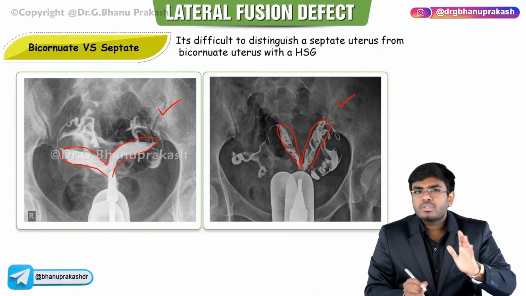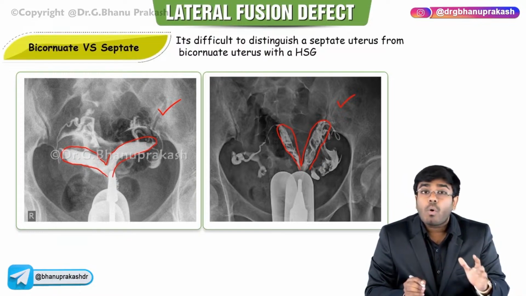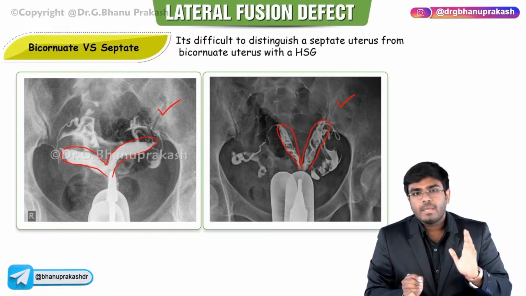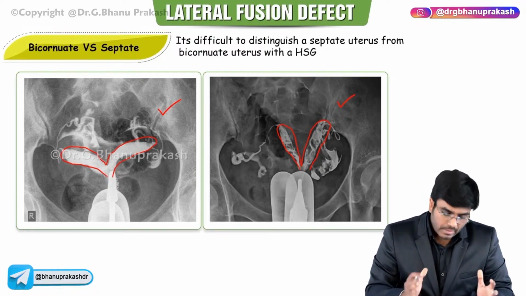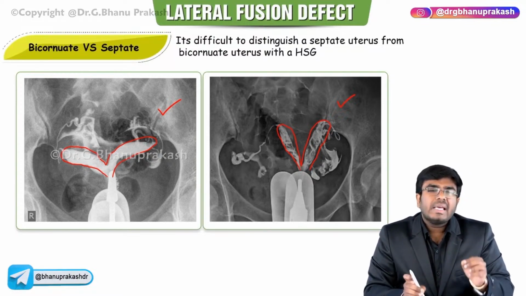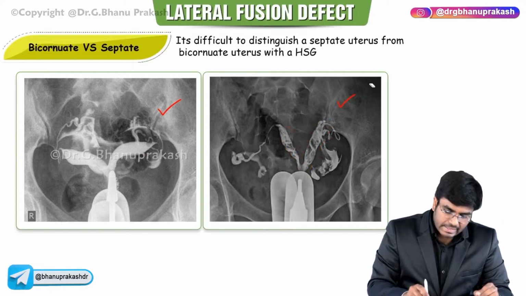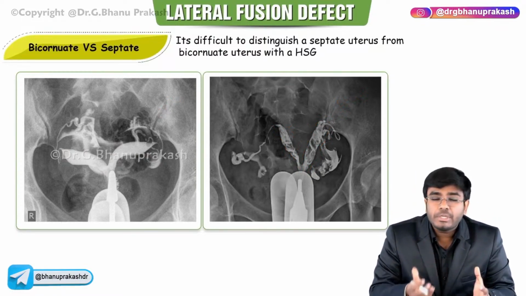But let me ask you one question. Are you able to see the fundus of the uterus? No. What you can see is the uterine cavities only, so you are not able to differentiate between them. But there are certain techniques with which I can say what might be a bicornuate uterus and what might be a septate uterus.